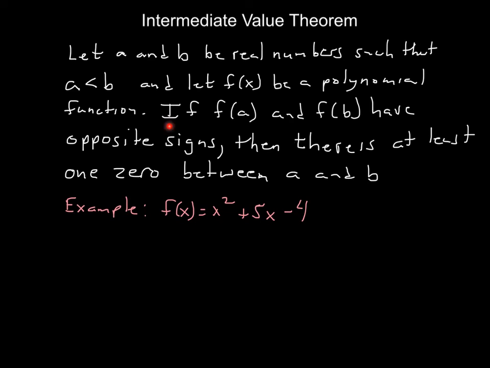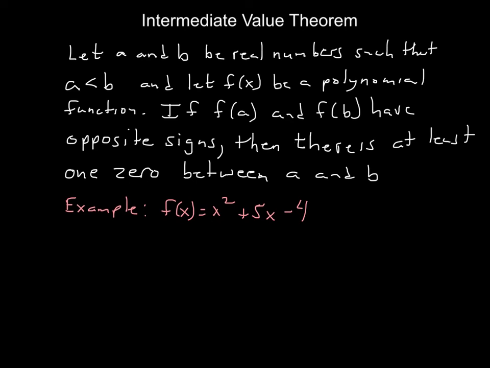So if f of a and f of b have opposite signs, in other words, if one is positive and the other is negative, then because it's a polynomial, I know there is at least 1 zero between a and b. So if f of a was positive and f of b is negative, I know somewhere between a and b that polynomial has to cross the x-axis.